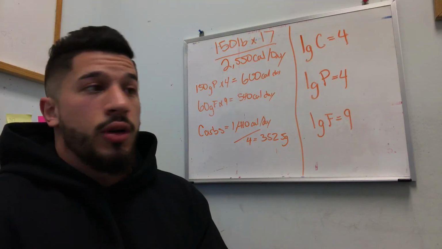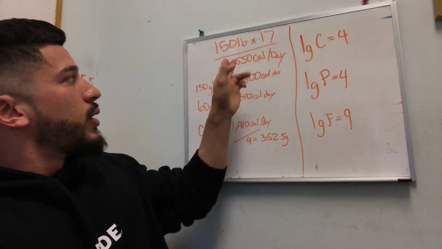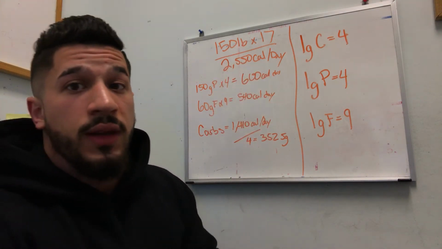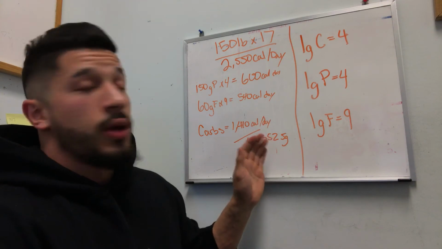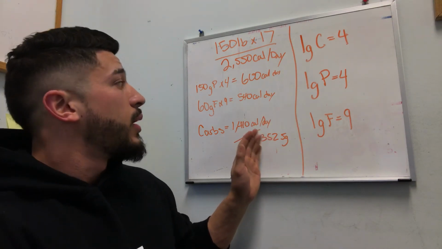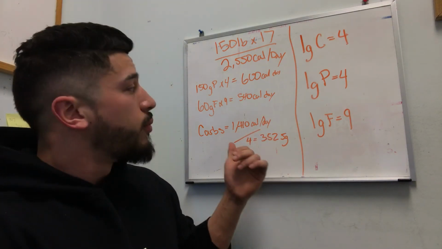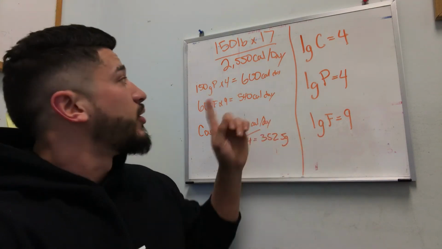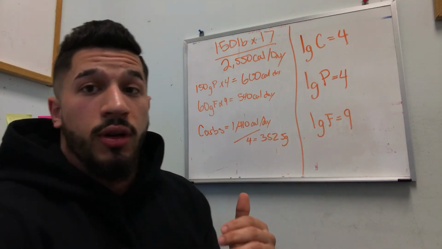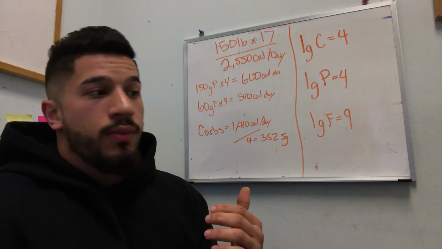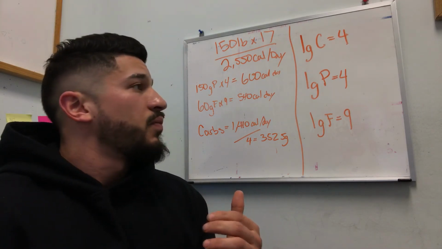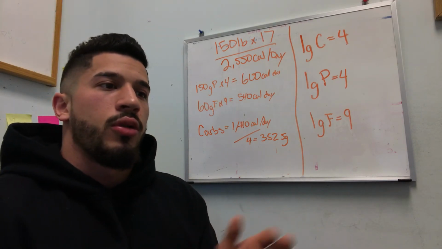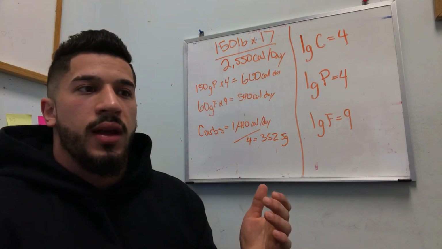You also have to add in cardio. If he was doing exactly 2,550 calories a day, maintaining his weight with no cardio, then he's on point. If he adds in cardio, now he'll put his body in a deficit because he's going to be burning more calories than he's intaking, which is going to bring his weight down. So cardio is very important when you're trying to cut weight because it's an added tool to burn, like negative calories in the end.